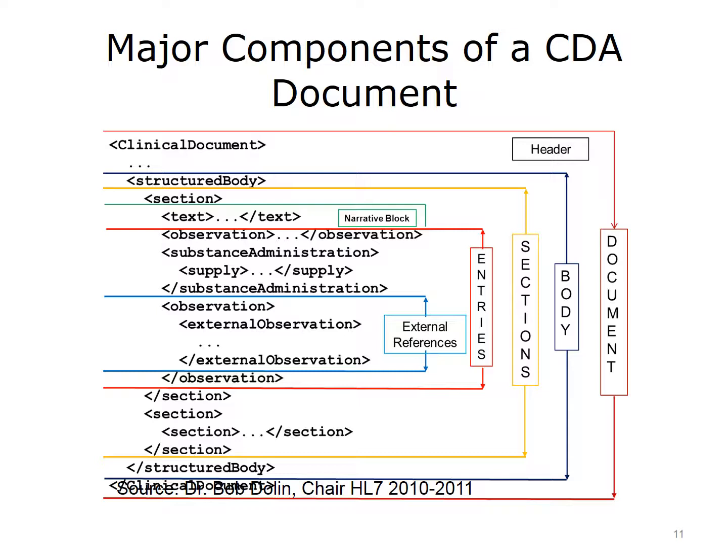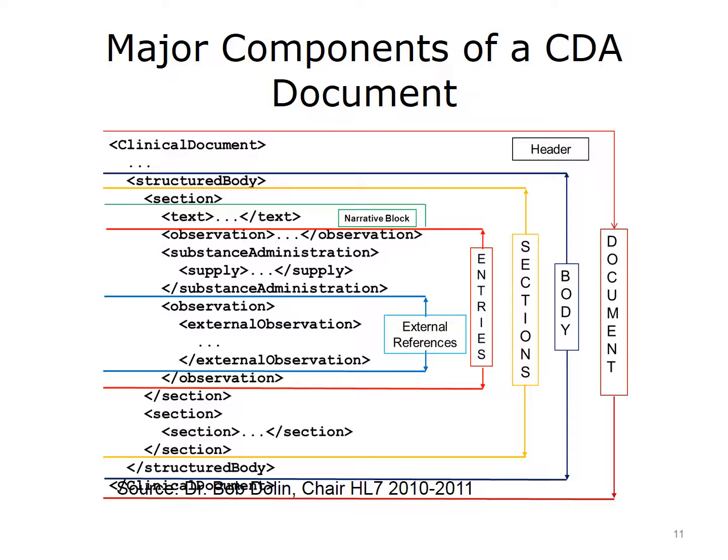A structured body, which is wrapped by the structured body element, is divided up into recursively nestable document sections. Section is wrapped by the section element. It can contain a single narrative block and any number of entries, 0 to many. It may have external references.